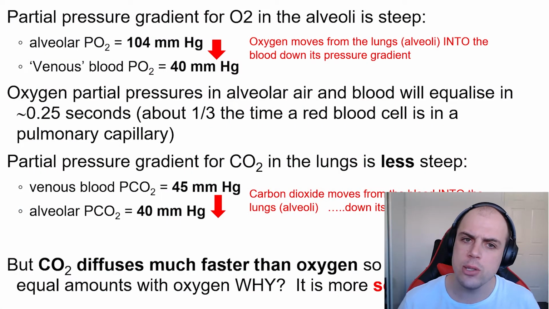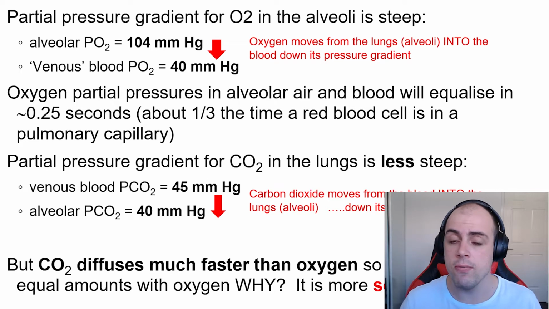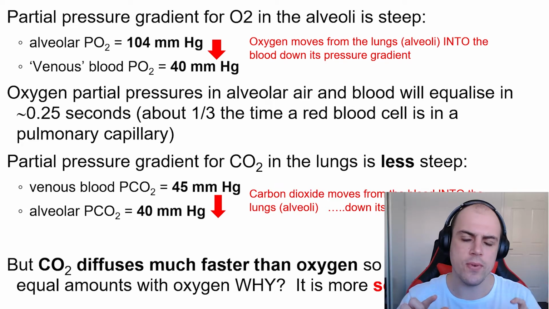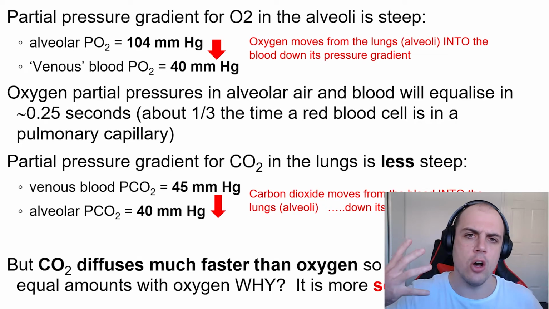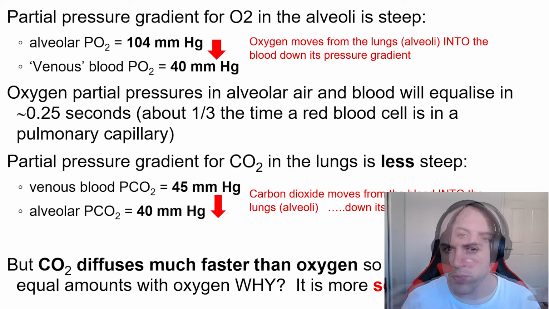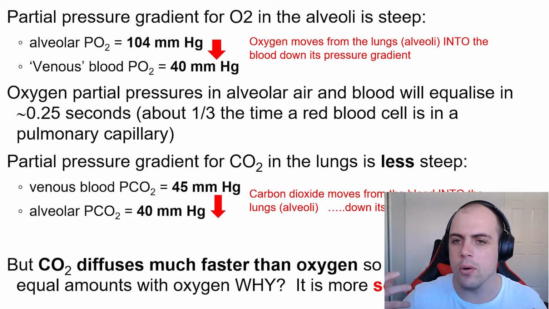So the first thing to look at here is there are partial pressures for our individual gases. At this stage, I will be referring only to oxygen and carbon dioxide, mainly because they're the two key players in terms of gases in the human body. The first thing I want to discuss is the partial pressure gradient for oxygen when we are in the alveoli.